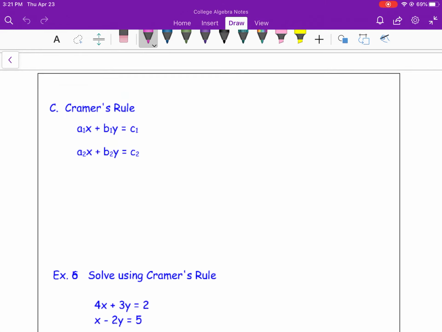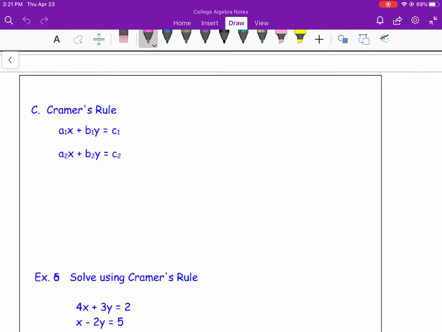All right, what you need to do is set up a set of determinants for x and for y, and I'll show you what all of that looks like with the notation from this system up here. First of all, we're going to make what we call determinant D, and that's going to be the denominator of the fractions we set up for x and y.